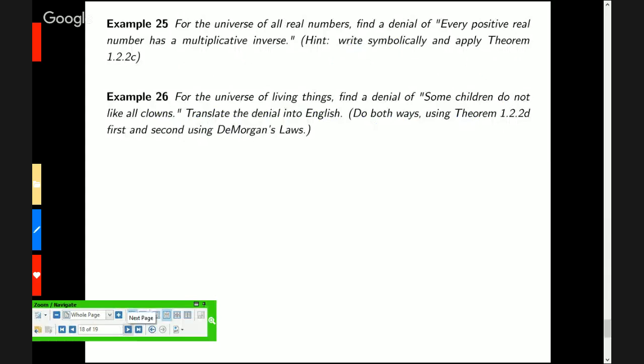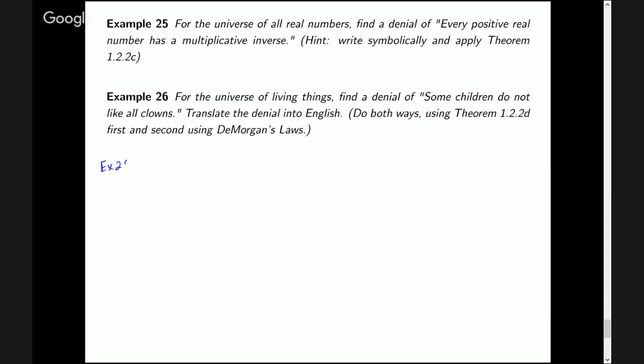Okay. For the universe of all real numbers, find a denial of every positive real number has a multiplicative inverse. So let's write it symbolically first of all. Every positive real number has a multiplicative inverse. Every means for all. For all real numbers x, I'm just going to write for all x.